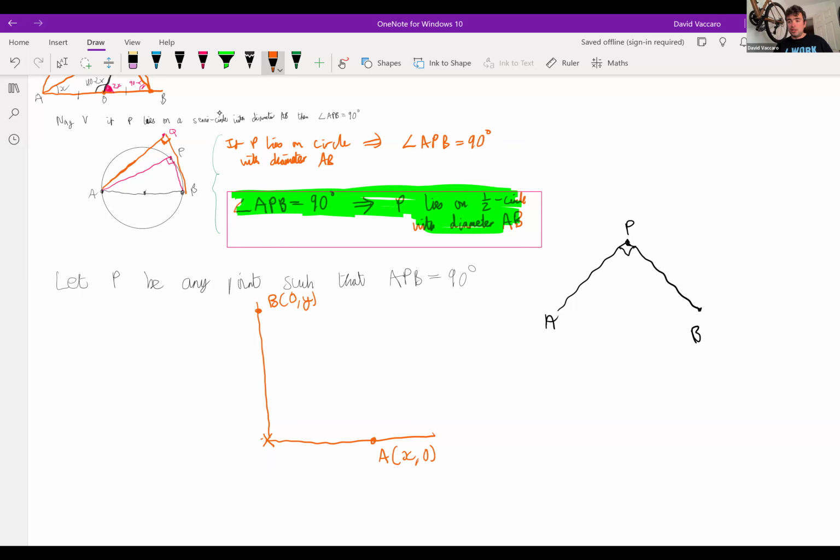B is 0y because it's somewhere on the y-axis. And O is the origin. And now I'm going to draw the line AB. In order to show that O lies on a semicircle, what geometric fact would I need to prove based on this diagram?